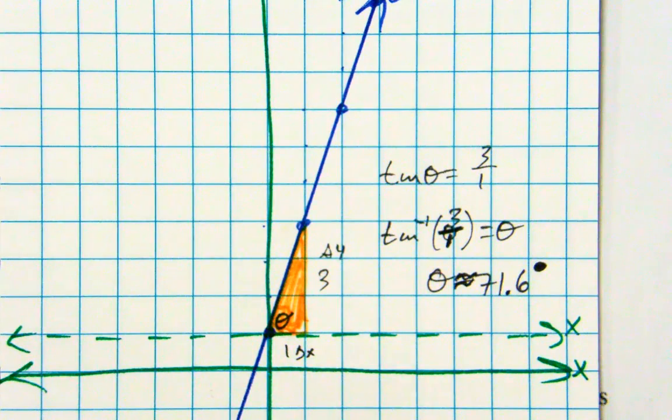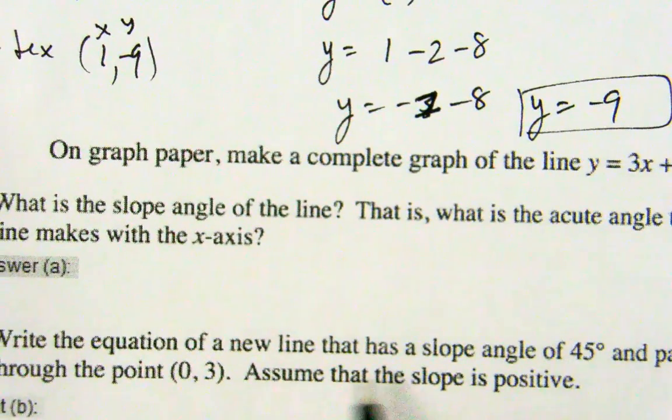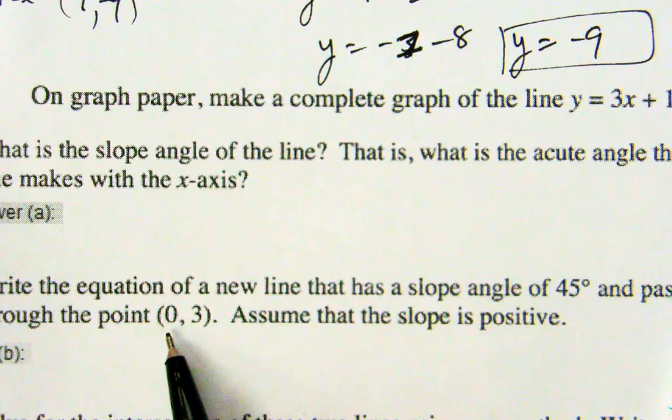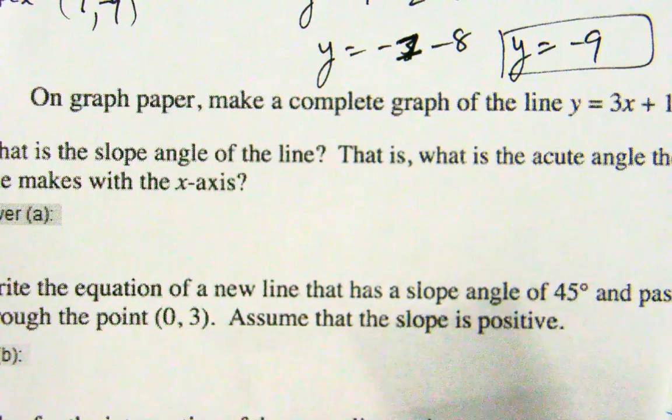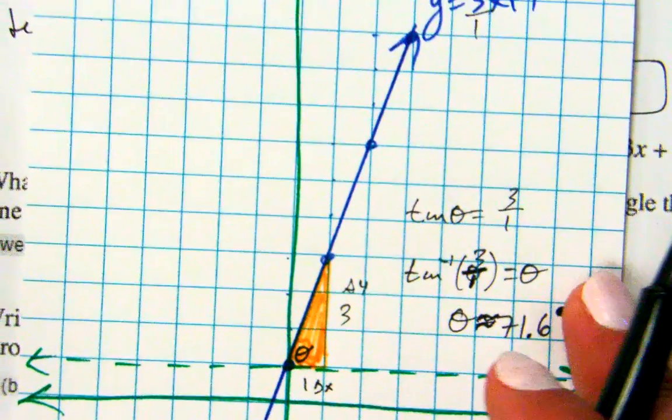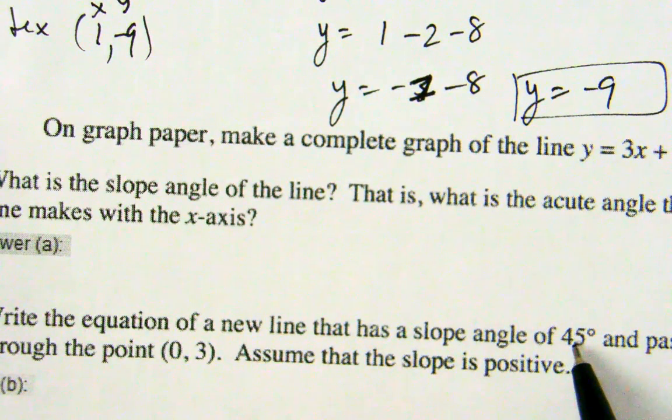That's part A. Part B says, write the equation of a new line that has a slope angle of 45 degrees and passes through the point 0, 3. So, oh boy. A slope angle of 45 degrees.